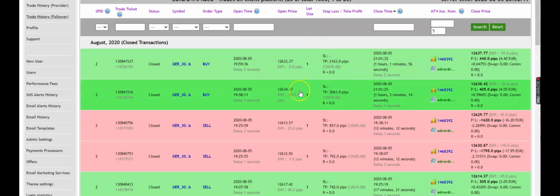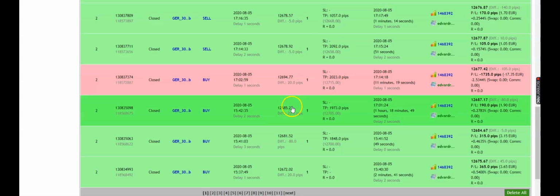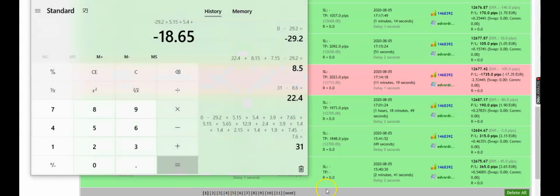Okay, so starting at the bottom, got the calculator. The first trade was 3.65, so we add 3.65. The next one was €3.15 profit.